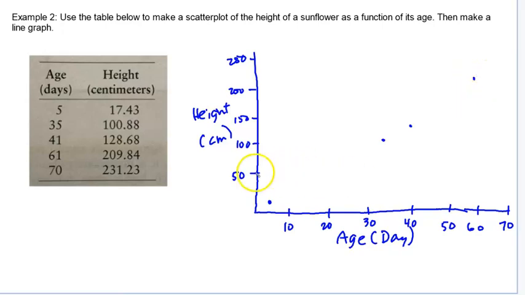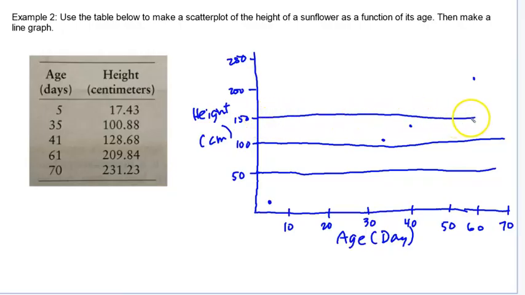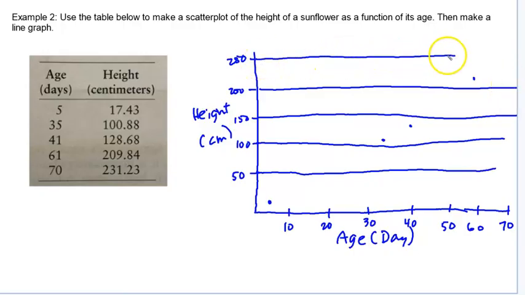Now you are welcome to go ahead and extend lines across like this if it's helpful. Might give you a little bit of better reference point. And then 70 to 31.23.